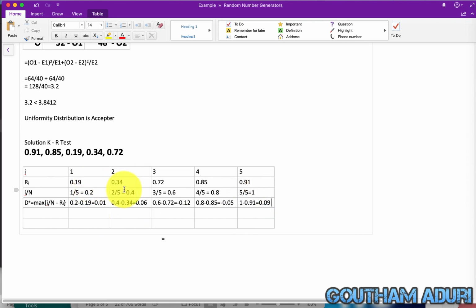I'm just subtracting the random numbers from i by n. The next one is D minus.